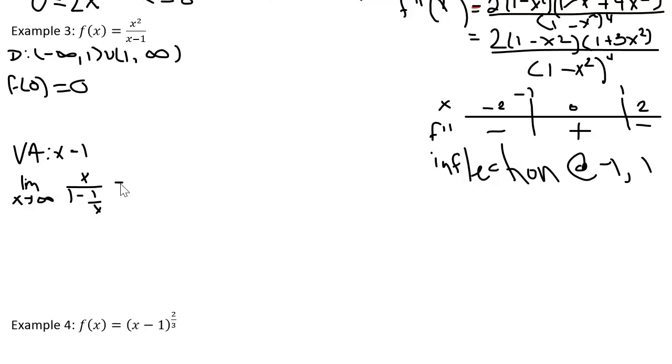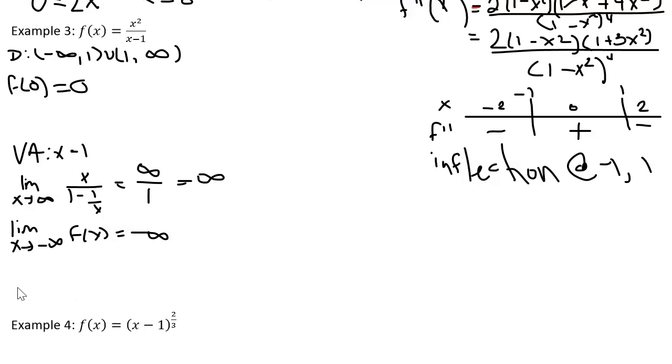My denominator as x approaches infinity is going to approach 1, and my numerator as x approaches infinity is going to approach infinity. So I know that the limit as x approaches infinity is infinity. And I can also tell from the scratch work that the limit as x approaches negative infinity of f of x is just going to be negative infinity.